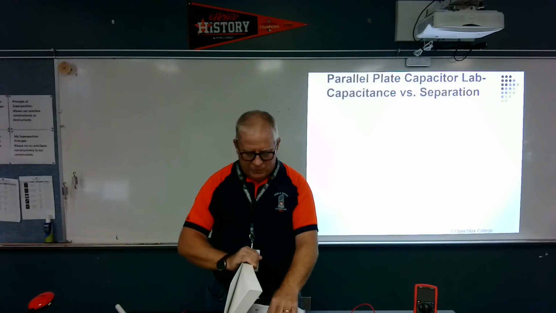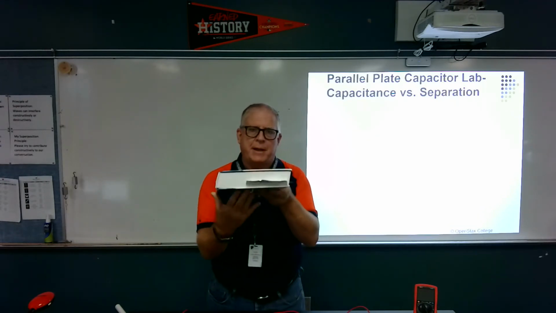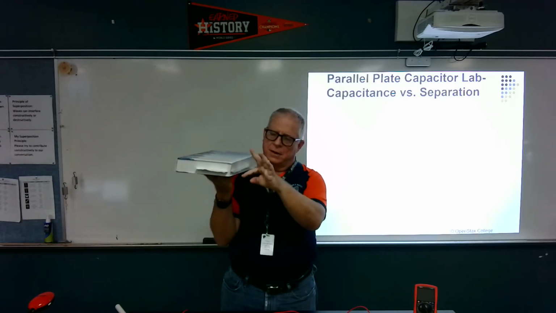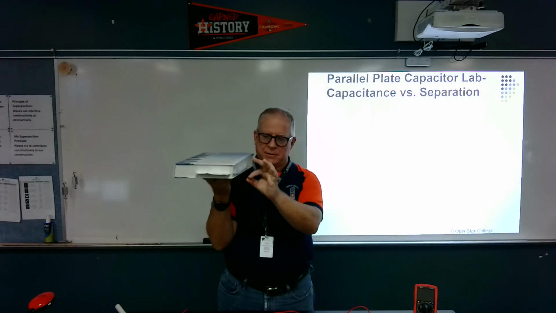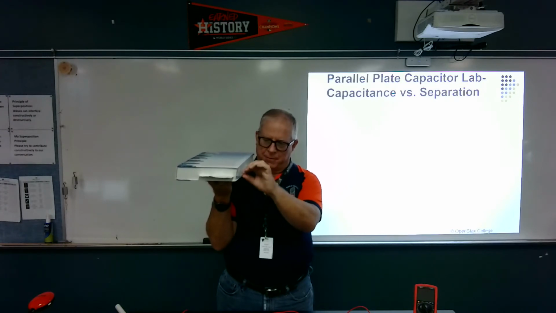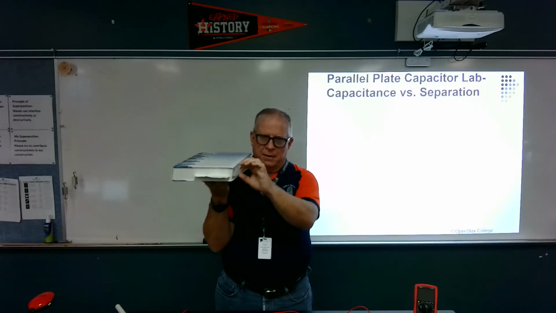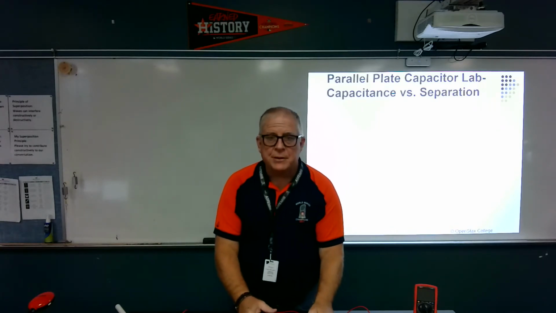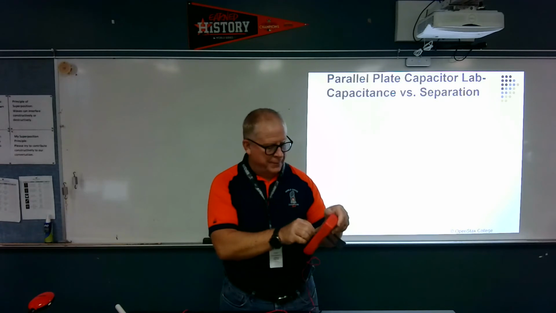Then I'm going to close it up. Now I've got a little sandwich made out of the book: one conductor here, then 10 pieces of paper, and the other plate there. I'm going to measure the capacitance of this setup.